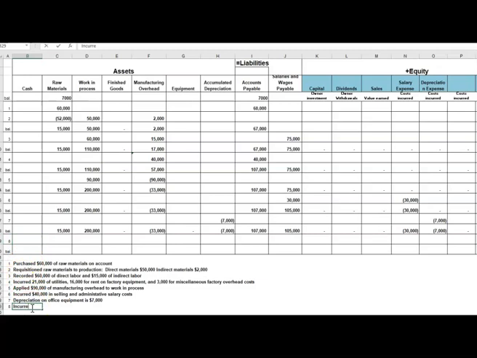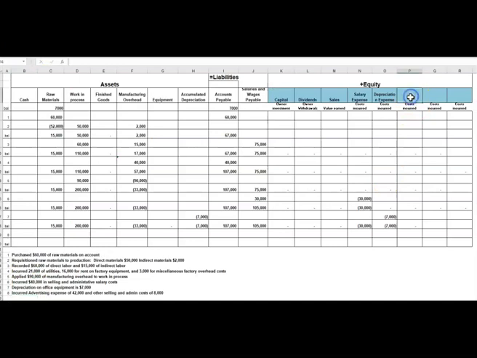So we'll say incurred advertising expense of $42,000 and other selling and admin costs of $8,000. All right, so we're going to have some more expenses added because those are period costs.